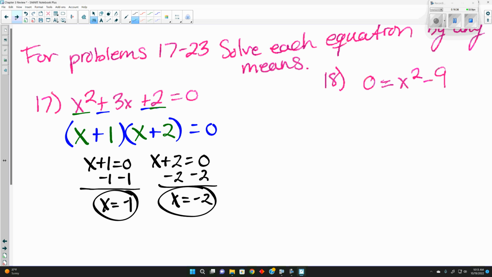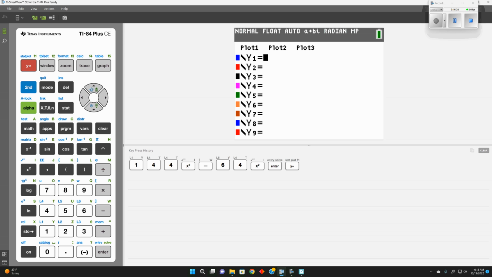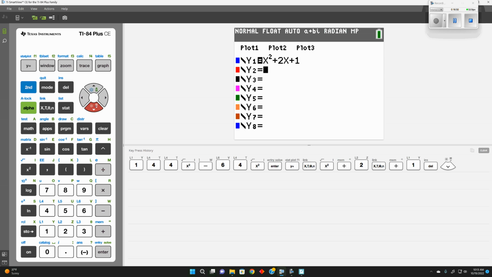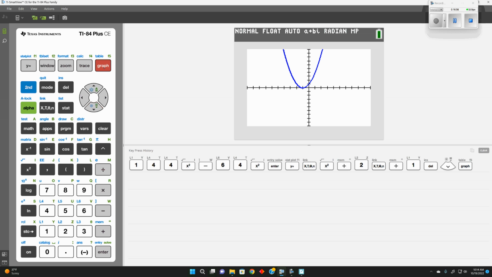Now, we could have graphed it. X squared plus 2x plus 1. Because again, when we graph, we're trying to see what value of x will make this thing equal 0, yes? Graph.